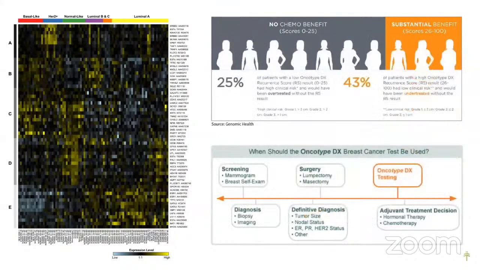A recent study showed that patients scoring in the low to mid-risk range could safely skip chemotherapy completely, which would lead to avoiding the hair loss, neuropathy, weight loss, and other side effects that often come with chemotherapy.